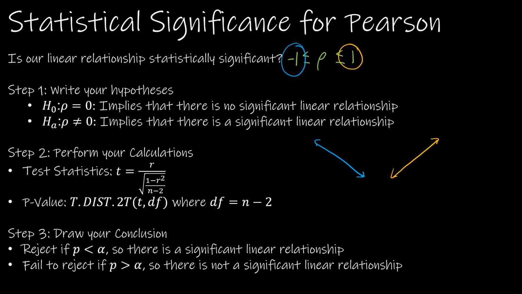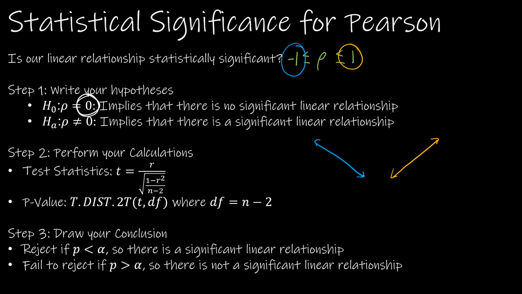So our null hypothesis is that rho is equal to 0. The perfect relationships were closest to 1 and -1, and as you got closer and closer to 0, that's when there was not a linear relationship. That is why that is our null hypothesis.